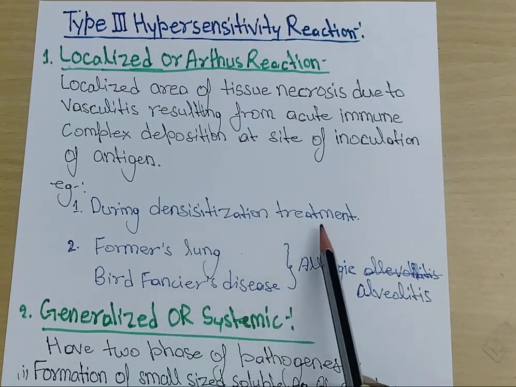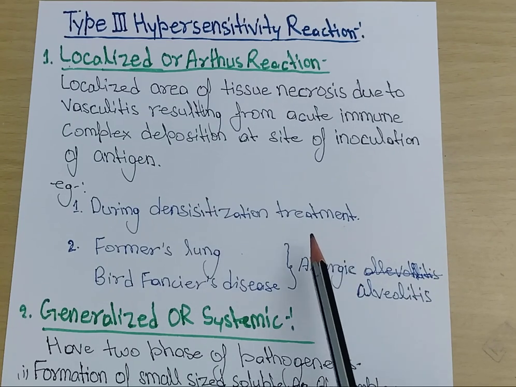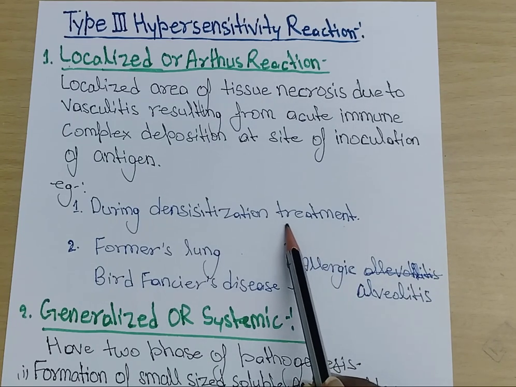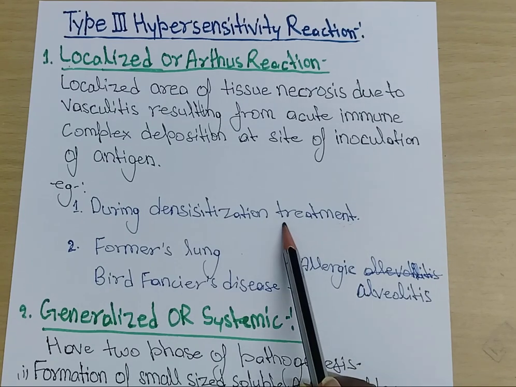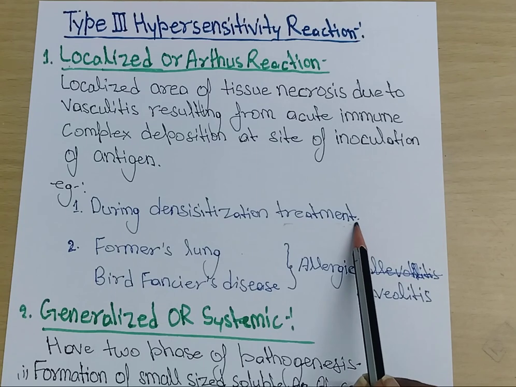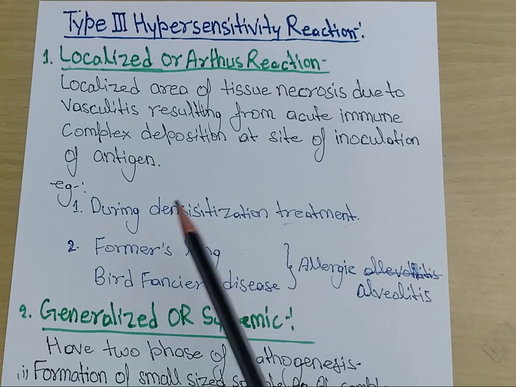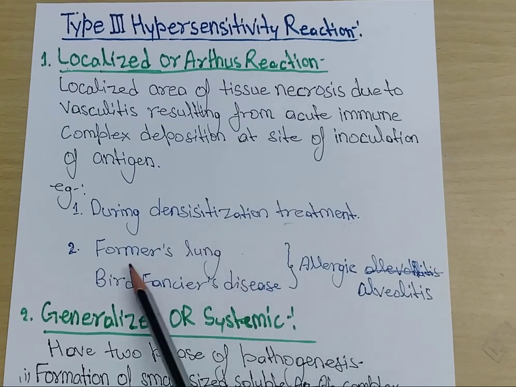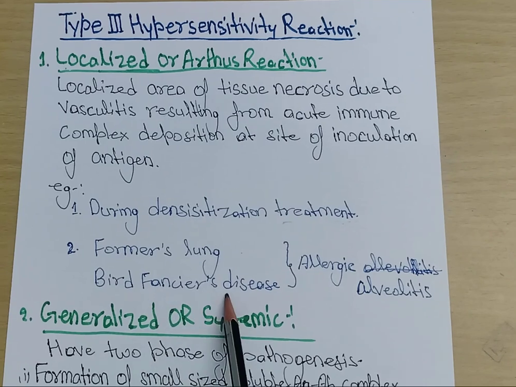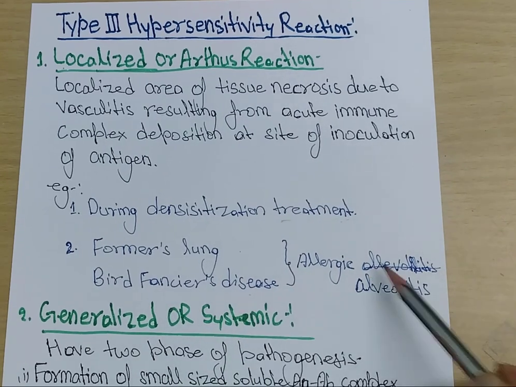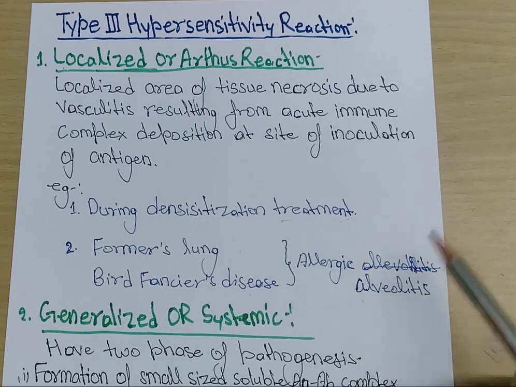If we give antigen subcutaneously at the same place for a longer duration, then the chances of a localized Arthus reaction are very high. The second condition is farmer's lung or bird fancier's disease, also called allergic alveolitis.